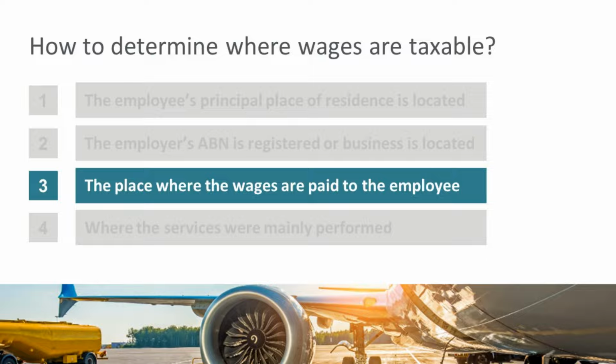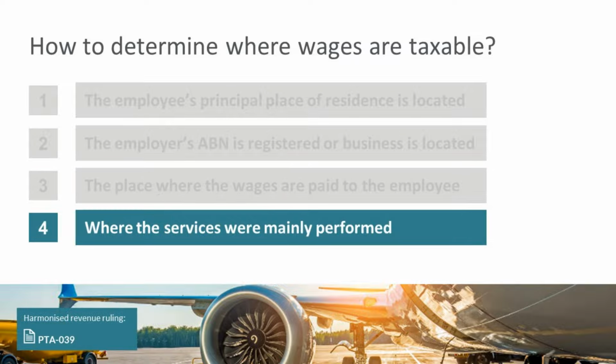If you were still unable to determine where wages are taxable, then you would look to where the services were mainly performed. For example, if the services performed equate to greater than 50% in the Northern Territory, then you would have a payroll tax liability in Northern Territory.